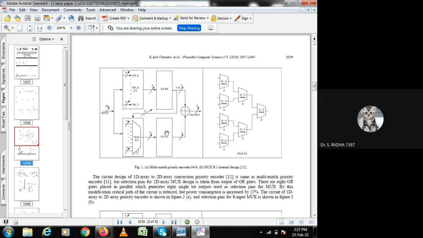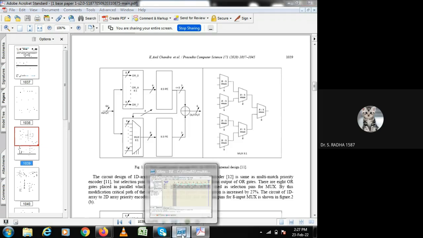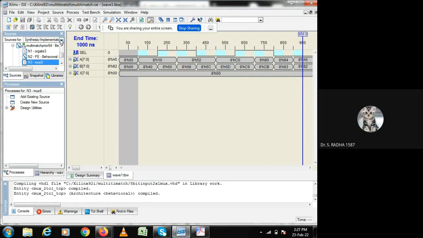Now the 8 by 3 priority encoder is already working, as I told you. So I have to combine all of this and get a 6-bit output from a 64-bit input. You can see here the overall 64 bits input and 6 bits output.